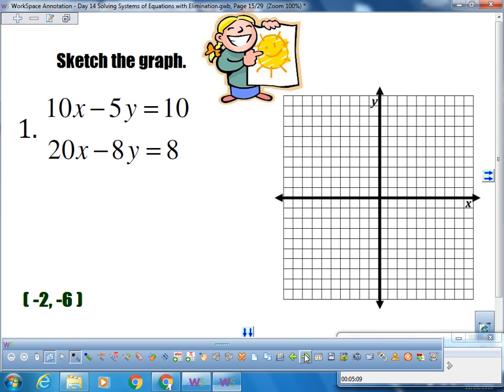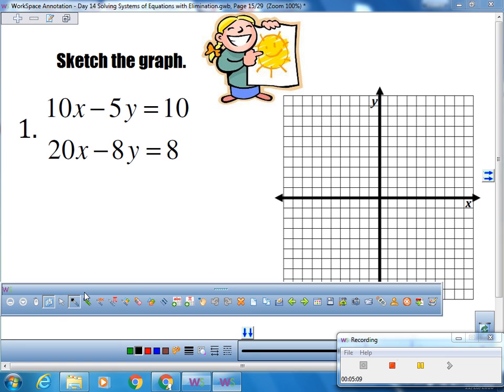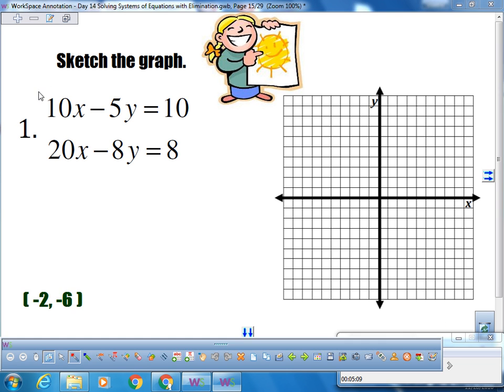Now I'm going to graph both of these. In order to graph them, how would I graph them? You're going to have to put them into slope-intercept form, right? Y equals mx plus b. So this one, I'm going to do the top one first. So the top one, the first thing I do is I'm going to subtract 10x.